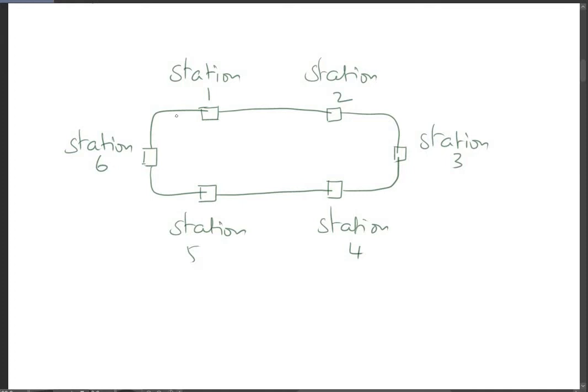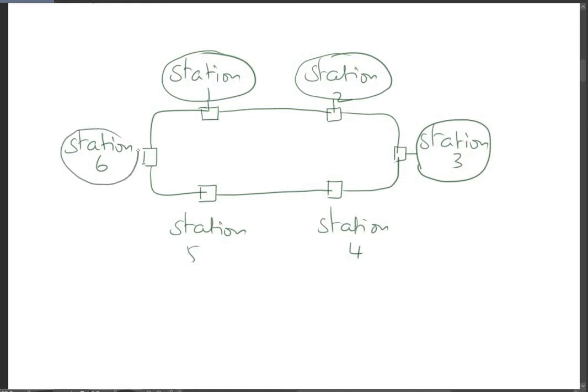From here, the repeater is connected to station 1, this repeater is connected to station 2, this is connected to station 3 and so on. This is the physical structure in a ring topology. In a ring topology, every station or device or node is connected to the two nodes present on both sides of it.